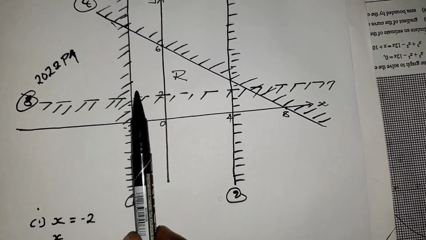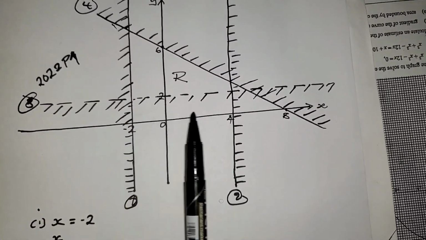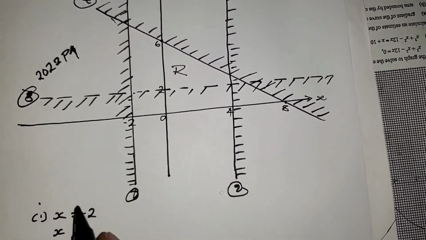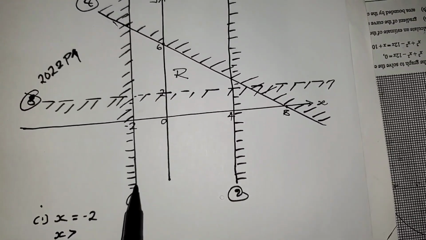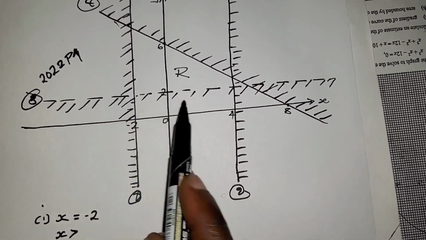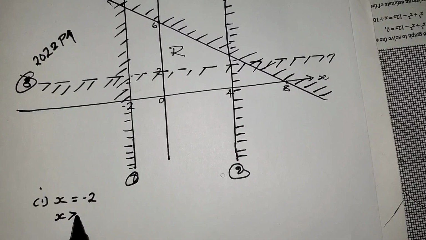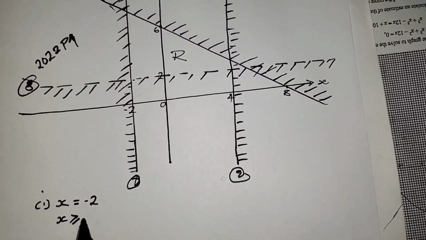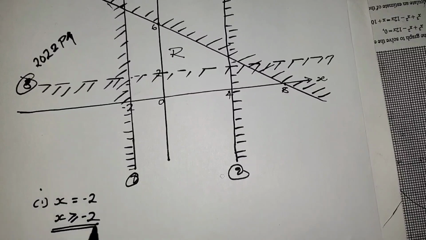The shading is on the less than part, so the wanted region is on the greater than part. So we write greater than. Now, the line is solid, not dashed like this one. This is a solid line, so we should also put greater than or equal to -2. So this is the answer.